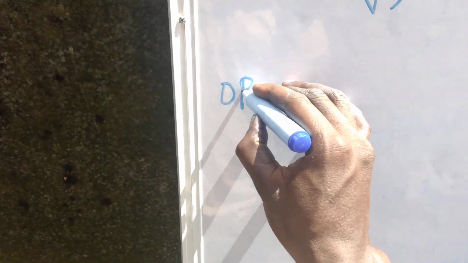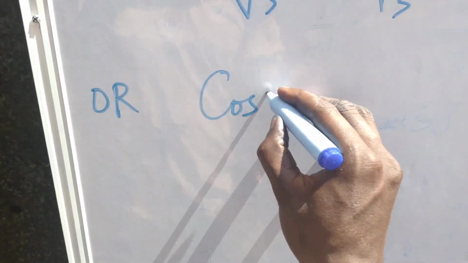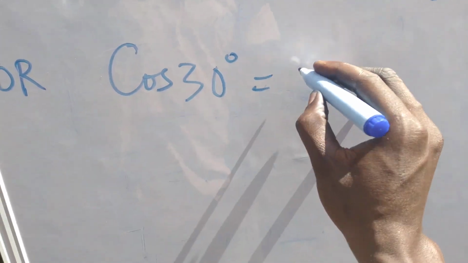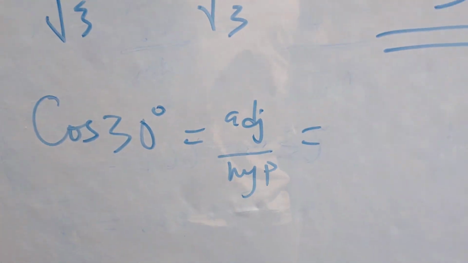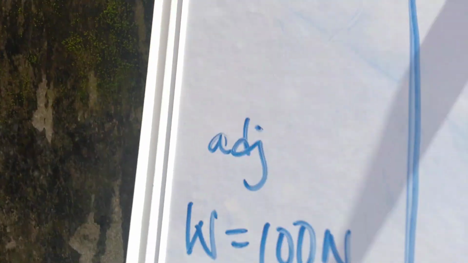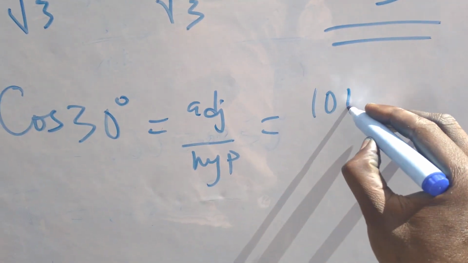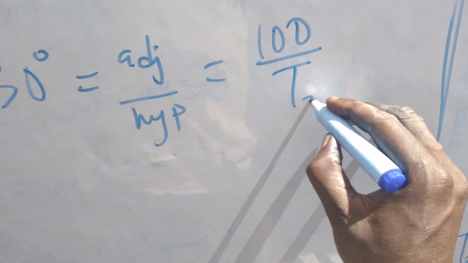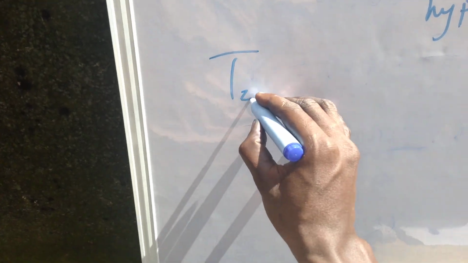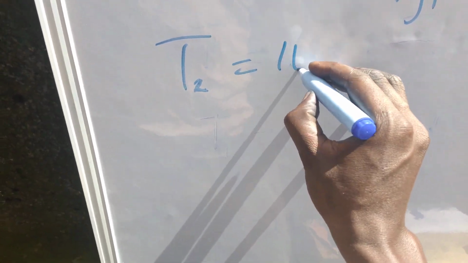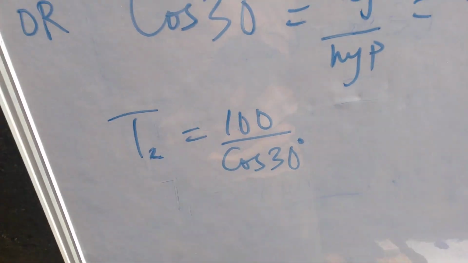Or if you say cos 30 degrees is the adjacent side over hypotenuse, the adjacent side is 100 and the hypotenuse is T2. That's 100 over T2. So if I interchange position, T2 will be equal to 100 over cos 30.